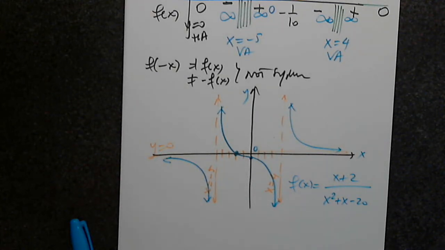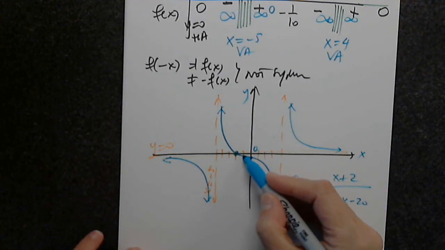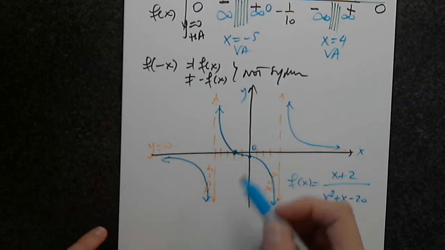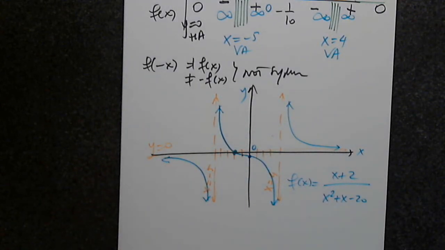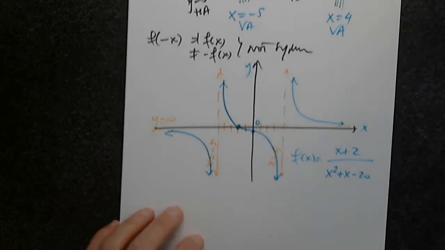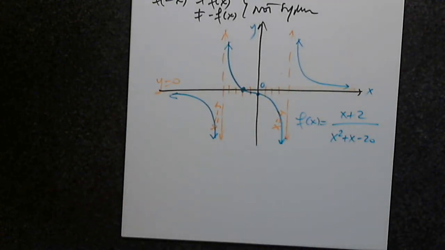So you don't have to worry about that. I'm not sure if it turns here or somewhere here, where it changes concavity from opening upward to opening downward. But there is no need. We can determine that.